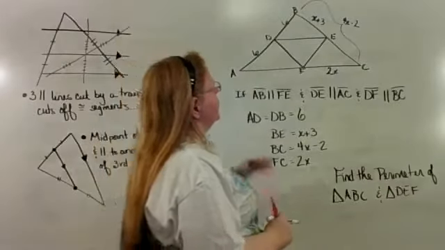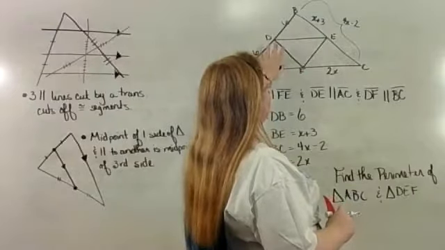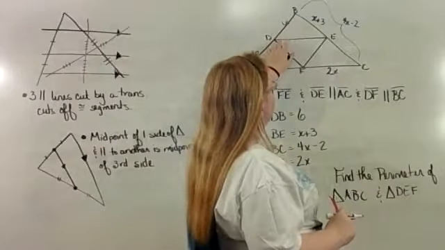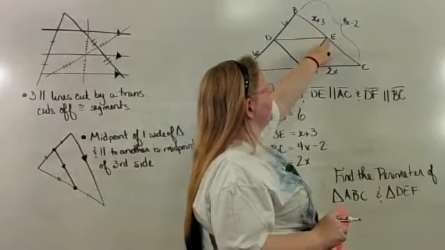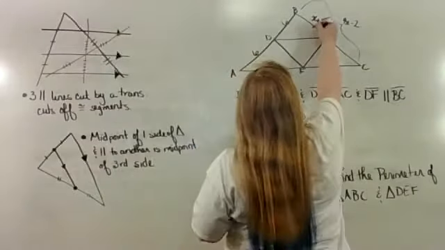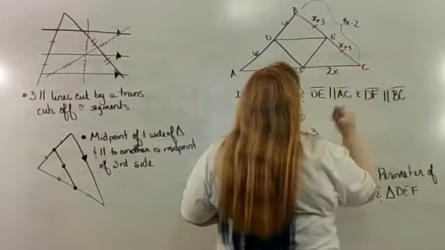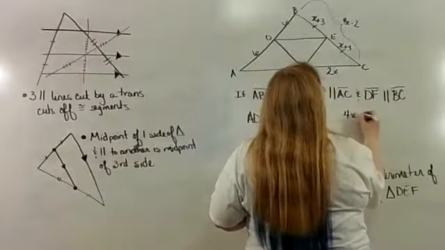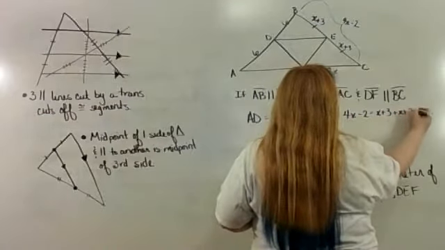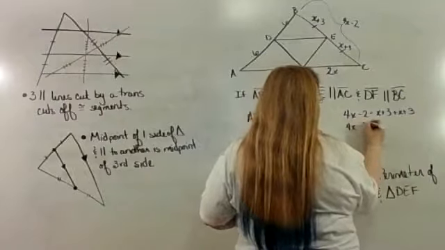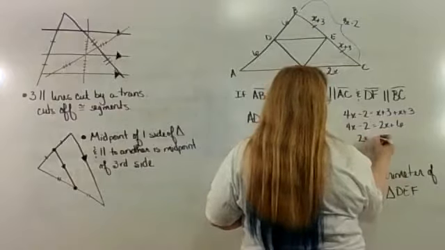Well, we know that since they're all parallel with the opposite sides, since these two are congruent, then this one, starting here and going to there, has to be the midpoint over here. So this side is equal to that side. So this must be x plus 3 too. Which means that 4x minus 2 has to equal x plus 3 plus x plus 3. That's 2x plus 6, which leaves me with 2x on that side.